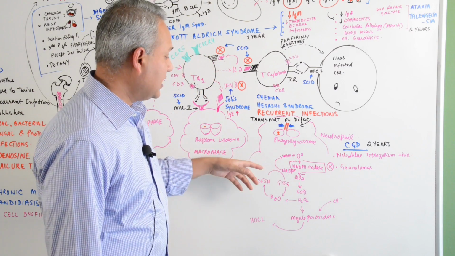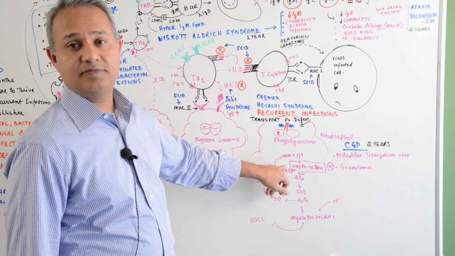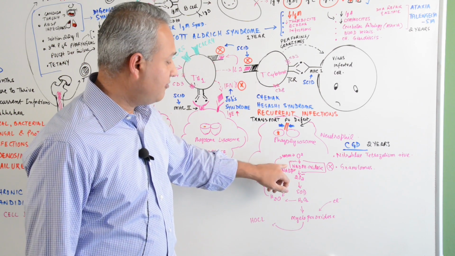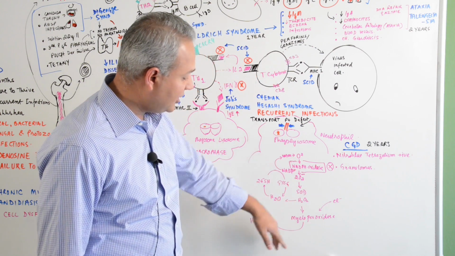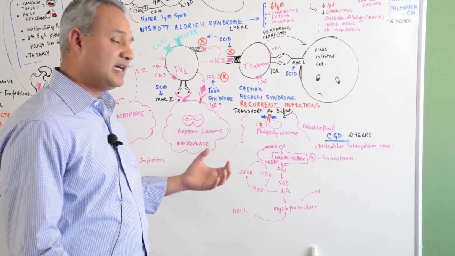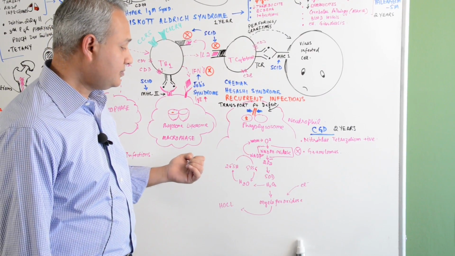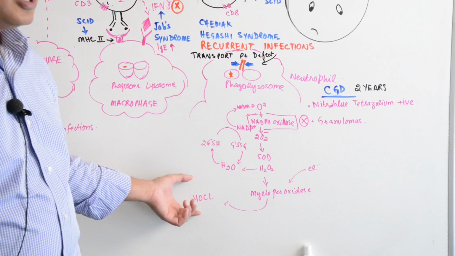So now what would happen is that normally NADPH oxidase is not present, or it is defective. Now when the NADPH oxidase is defective, the system fails. However, intensity can vary. So now when the bleach is not formed, the pathogen will not be destroyed.